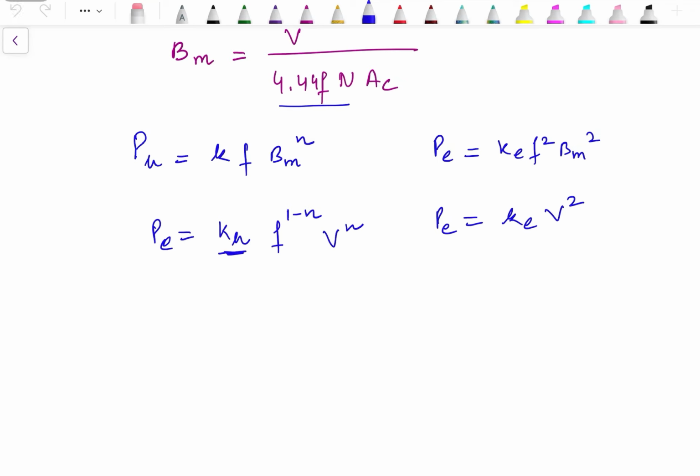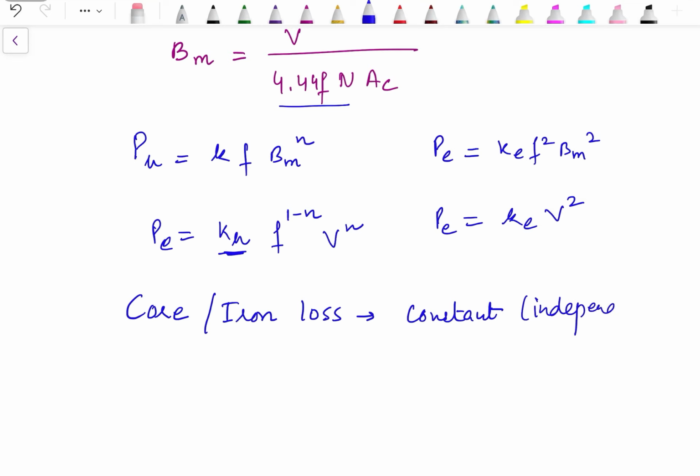Even if the transformer is fully loaded or half loaded, irrespective of the load, core losses are always constant. So core or iron losses are constant, or we can say they are independent of load.